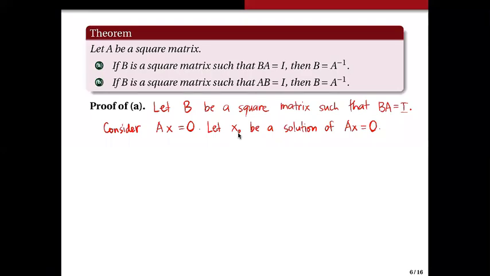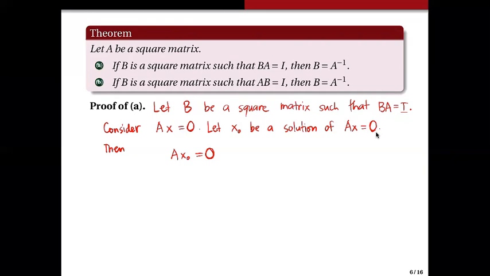But we know that when we put this x sub 0 and multiply A to that, this is equal to the 0 vector because it's a solution. It means that this guy here satisfies this equation.